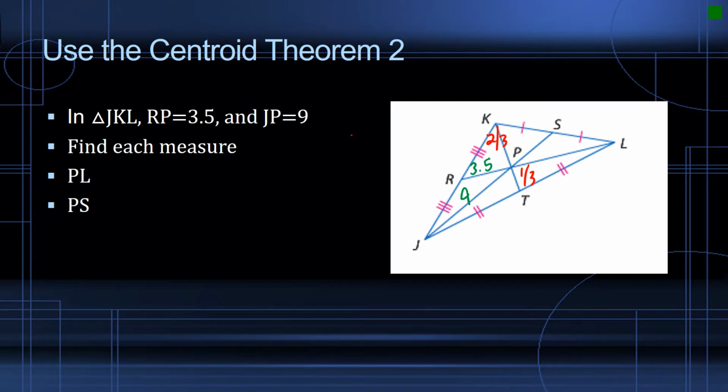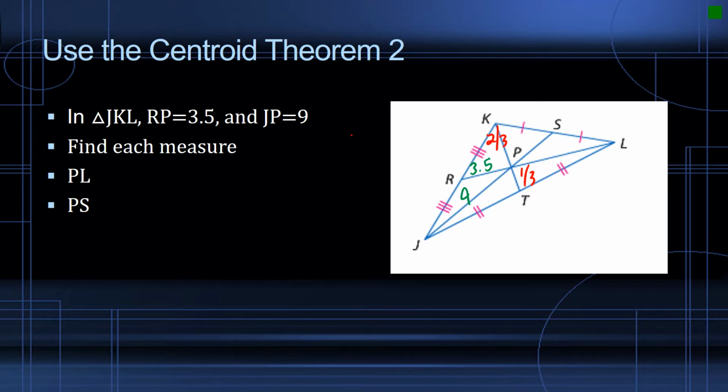Now RP represents the portion of the segment from the centroid to point R, which is the midpoint of line JK, and segment JP is the portion of the segment JS between the endpoint J and the centroid.